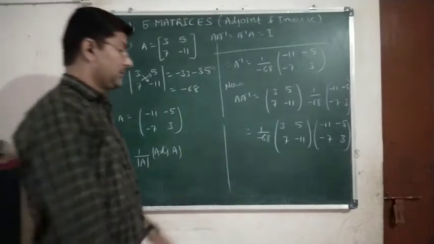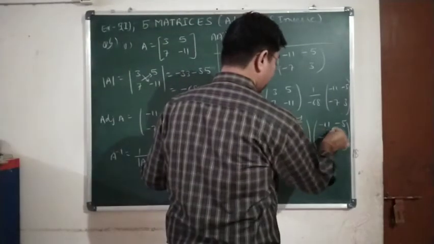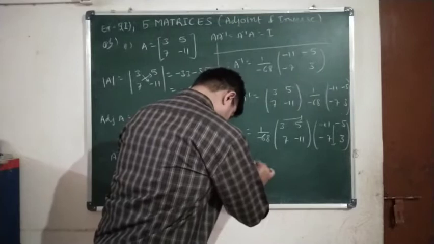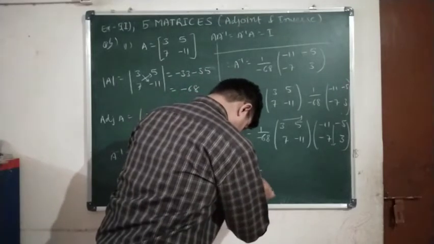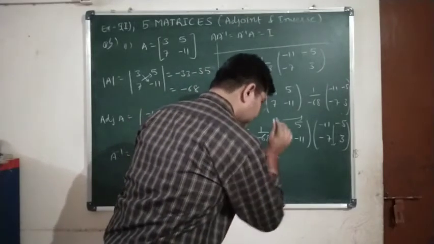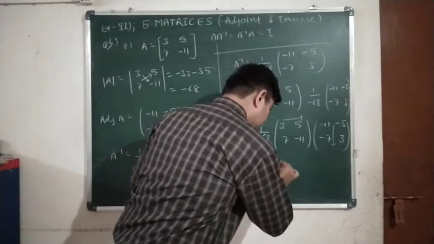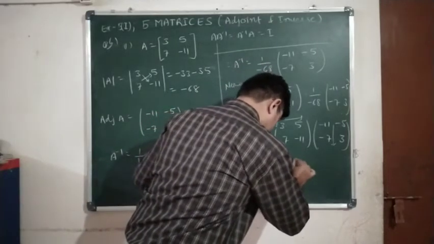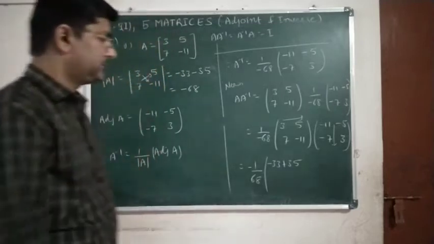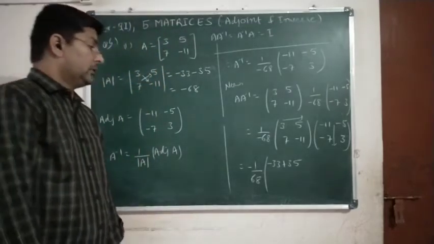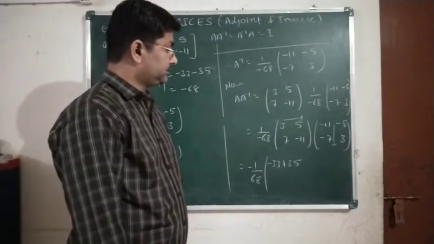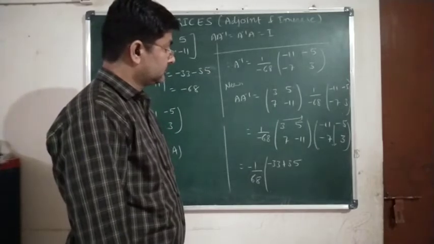Now let us multiply row into column. Minus 1 upon 68, then minus 33 plus 35.